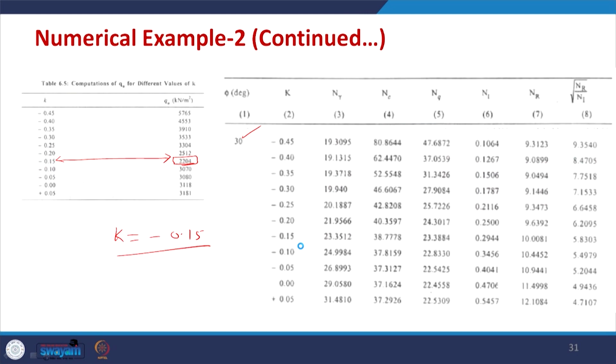So, you could see here what we do, we calculate the value of Qu for different values of k, and in this table you can see that the minimum value of Qu is when k equal to 0.15. So, the k we select is 0.15, and for this case you get Nr from this table as 10.0081.